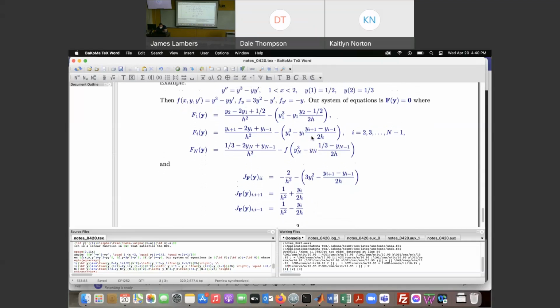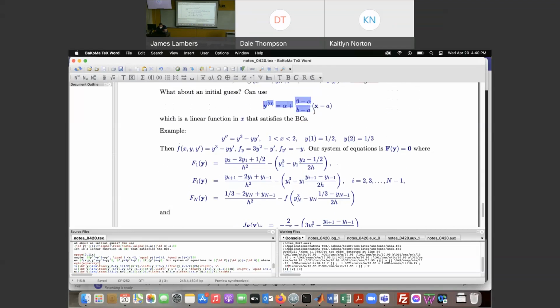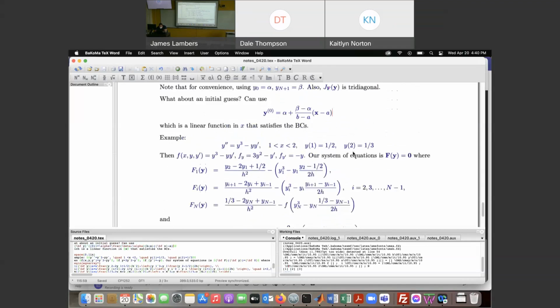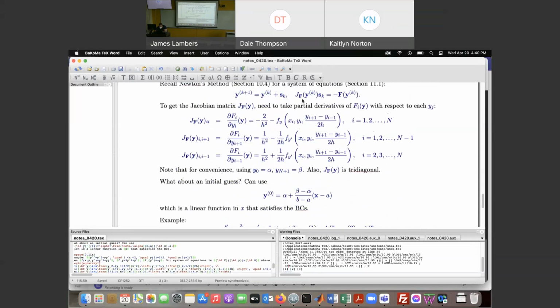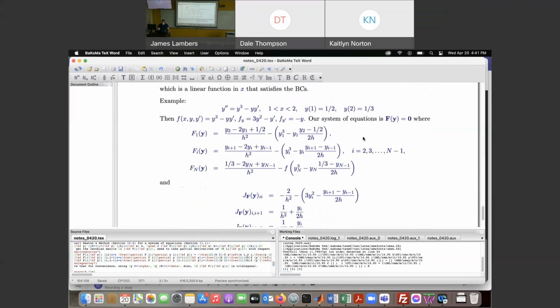So now I can make my initial guess, something like this, for instance, and then use that Jacobian and that function f to carry out my Newton steps until I have convergence. Nothing to it.